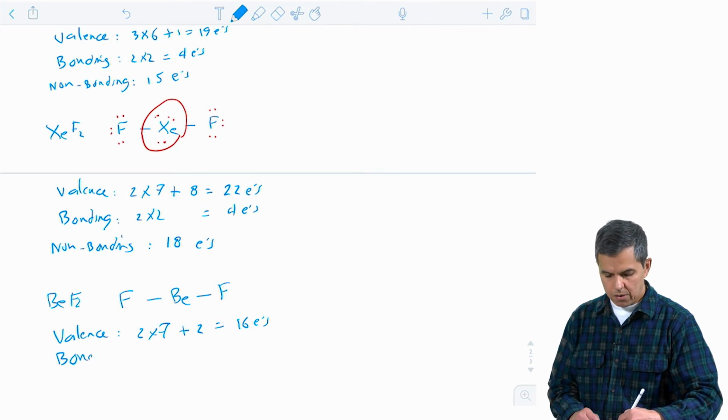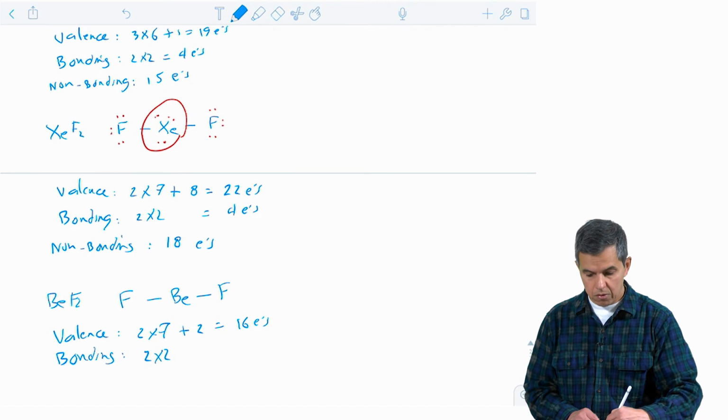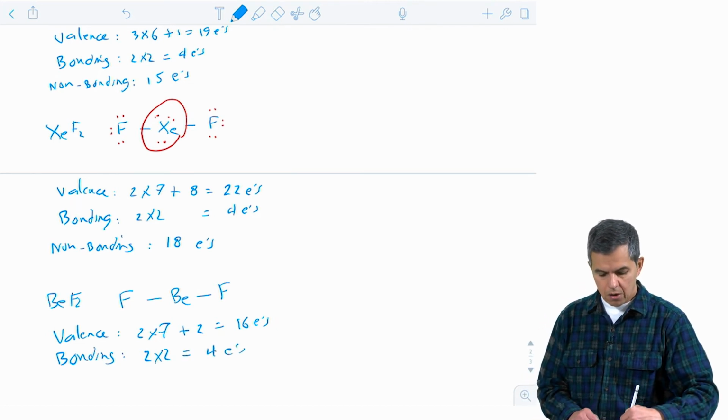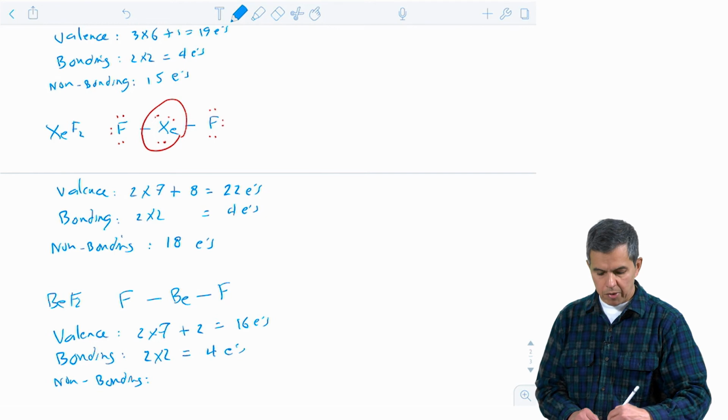Bonding, we have 2 times 2, 4 electrons. Non-bonding, we have 16 minus 4, 12 electrons.